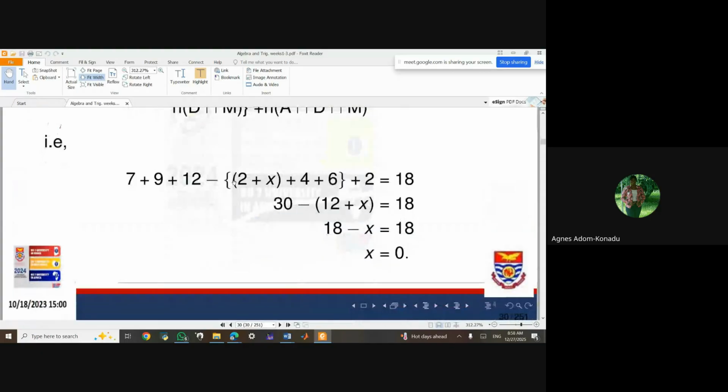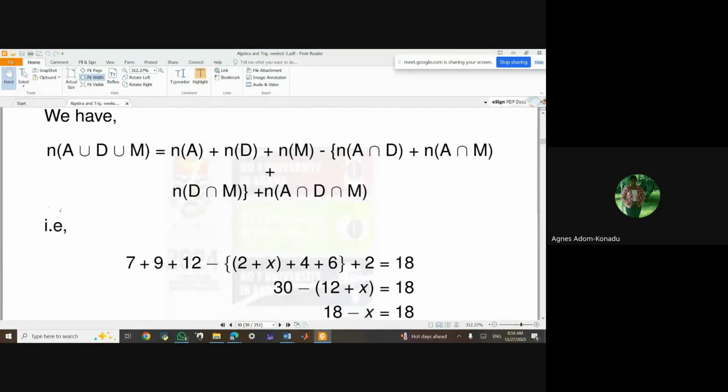Then for A intersection M, we're told 4 of them can play both attack and midfield. And for defense and midfield, we're told they were 6, so we have 6 here. Then plus, we're told that 2 can play all, so that is 2, and the total number of players invited were 18, so it's equal to 18.